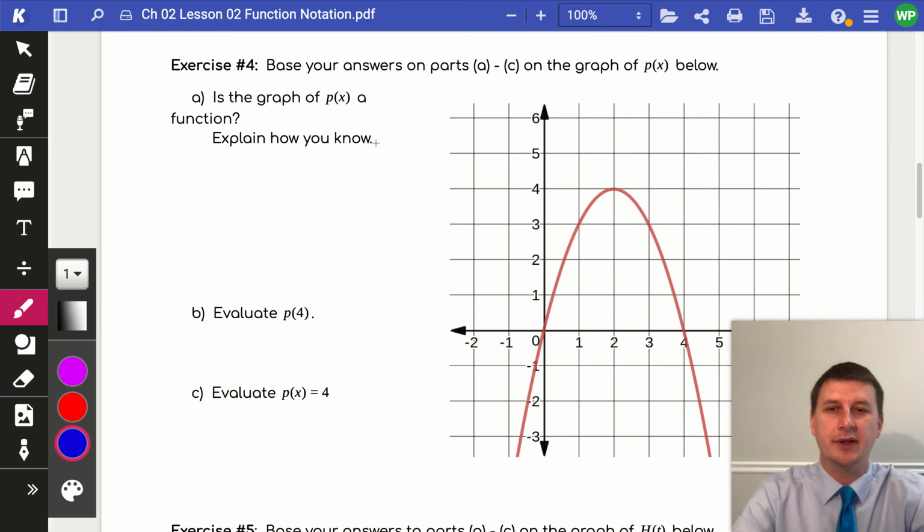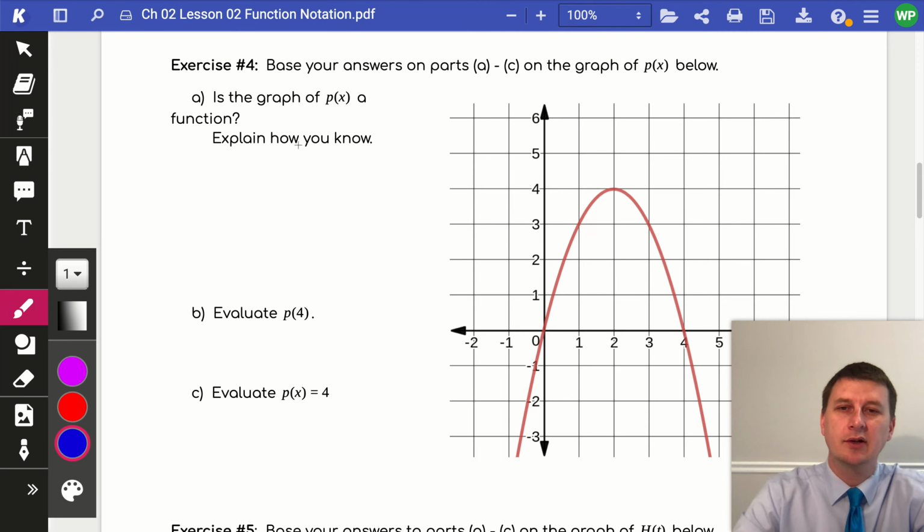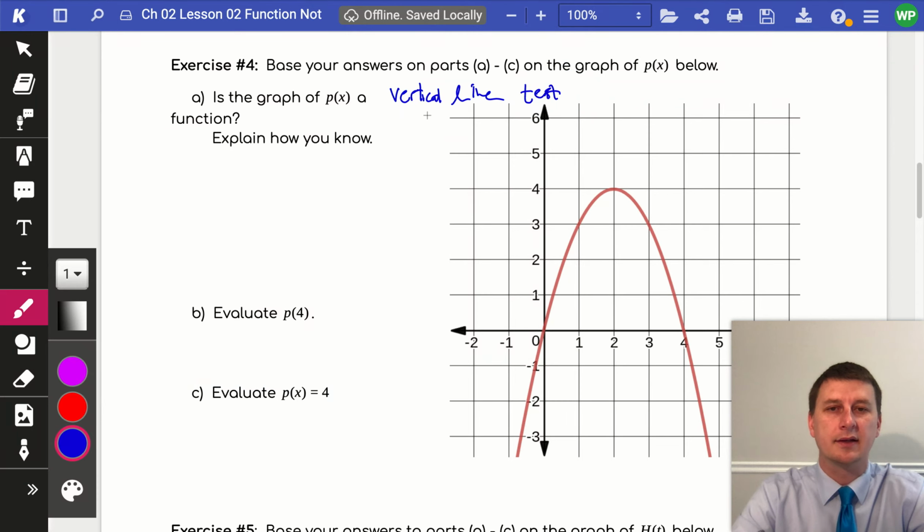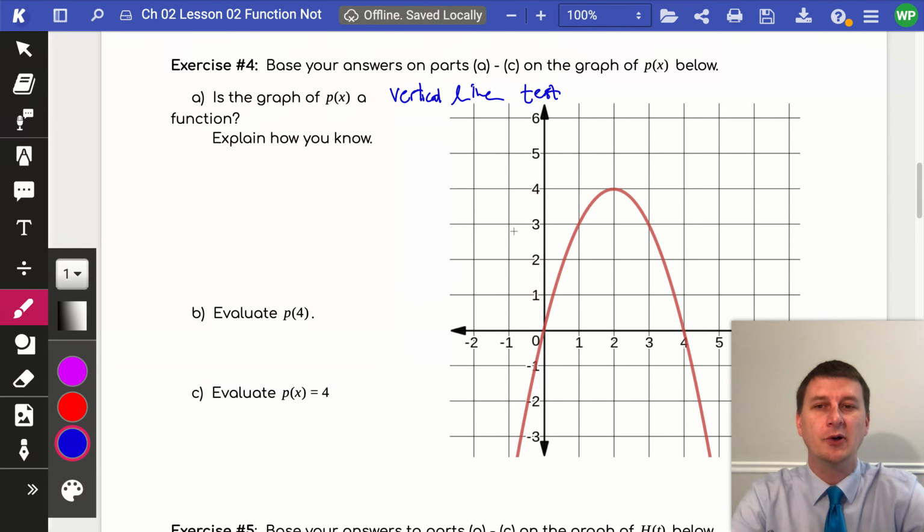And we used something called the VLT. It starts with a V, then L, then T. And if you're thinking the vertical line test, you are correct. We use this vertical line test to tell if a graph is a function.